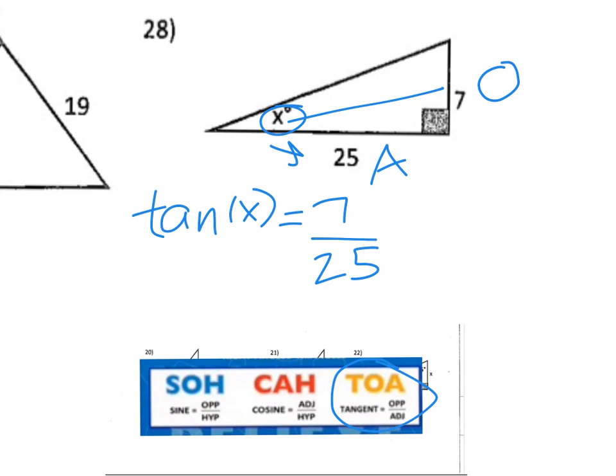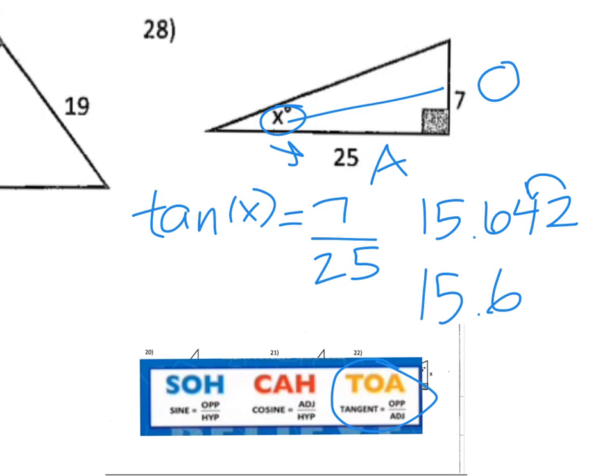So go to your calculator and hit the second tan button because we're solving for a missing angle, not a side. And 7 divided by 25 in parentheses, and the calculator tells me that my answer is 15.642. And this 2 tells this 4 to stay the same, so the missing angle would be 15.64.